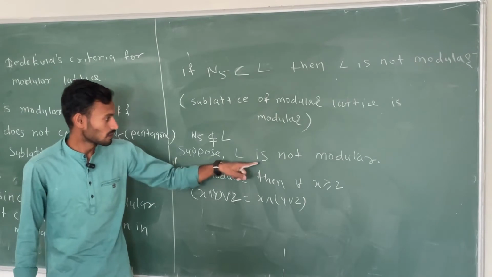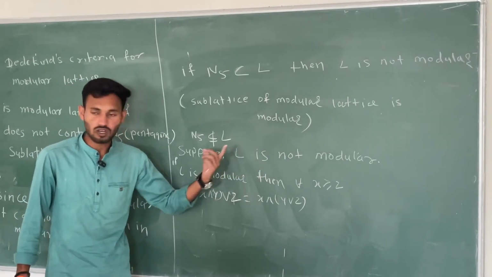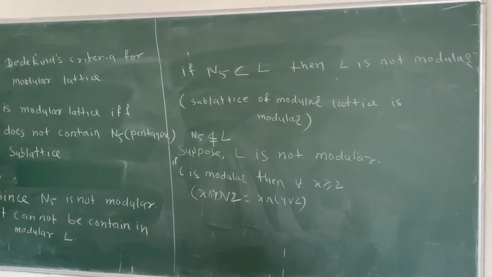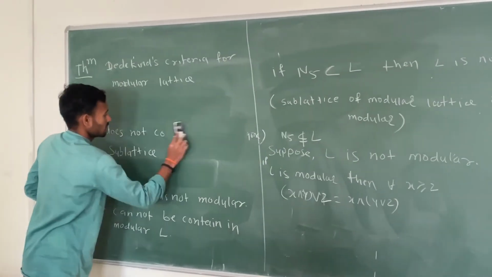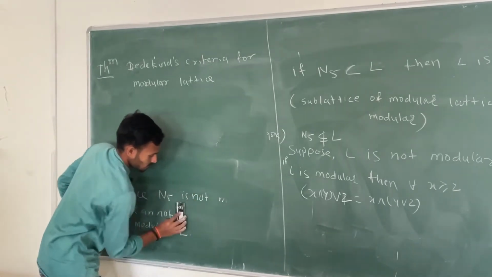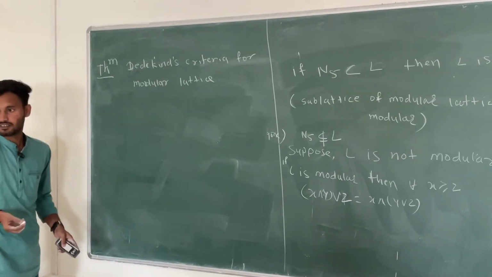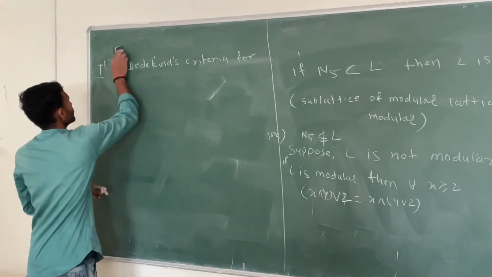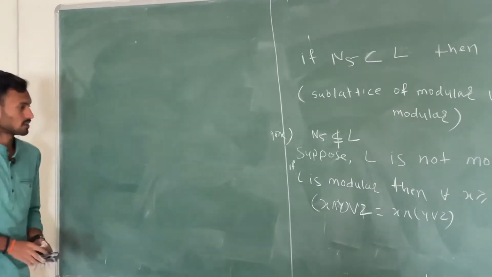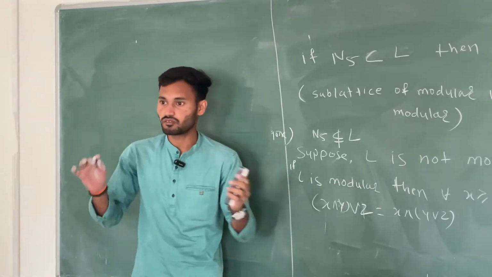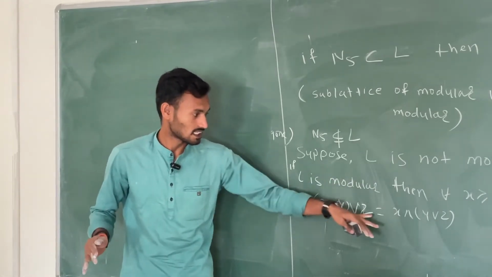So we are assuming that L is not modular. It means what? Yes, exactly. We want L to be not modular, then we have some elements which do not satisfy this property.